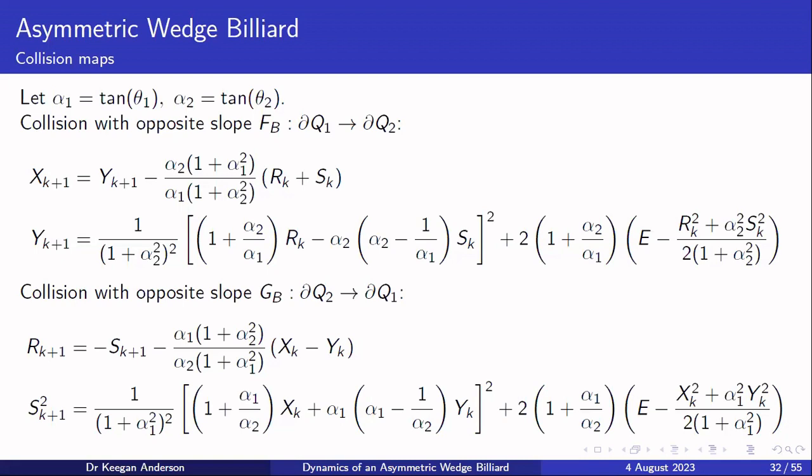F of B is the collision for particles starting on the right-hand side, colliding with the left-hand side, and G of B is particles starting on the left-hand side, colliding with the right-hand side. I actually did the algebra and checked that if theta 1 is equal to theta 2, this symmetric case, then these equations collapse to what we had for the symmetric case.